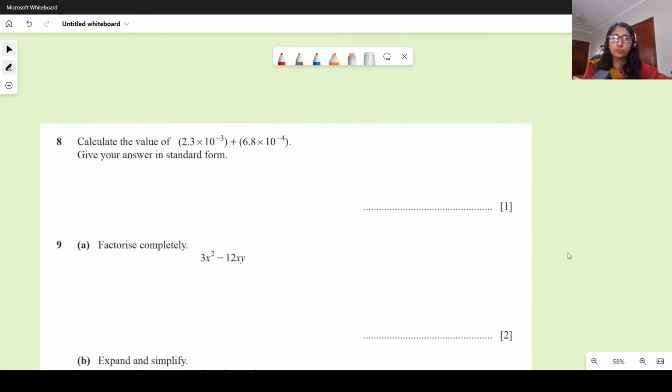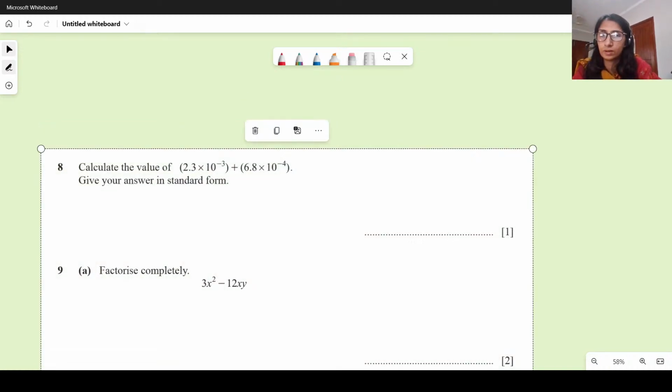Calculate the value of this. So I'll just enter this entire thing in my calculator. 8.3 times 10 to the power minus 3 plus 6.8 times 10 to the power minus 4. Give your answer in standard form. So I'm just getting the answer.